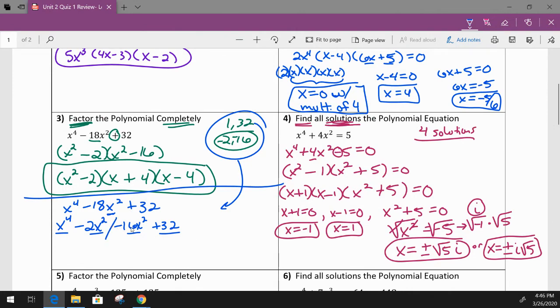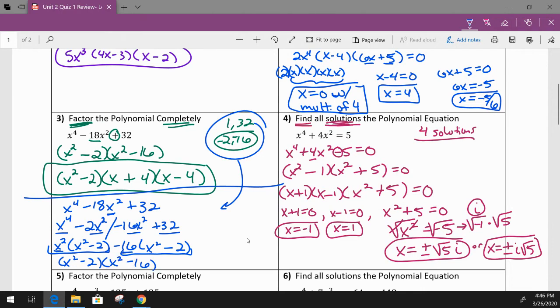Now we'll factor by grouping, factor out the x squared from the first 2 terms, leaving you with x squared minus 2, then factor out a -16 from the 3rd and 4th term, which gives you, again, x squared minus 2. Think of that as one term, factor out the x squared minus 2, and then the x squared minus 16 goes together.